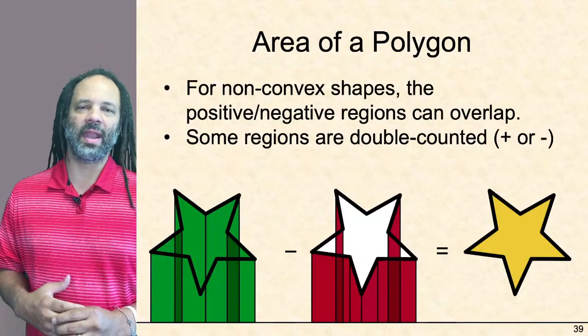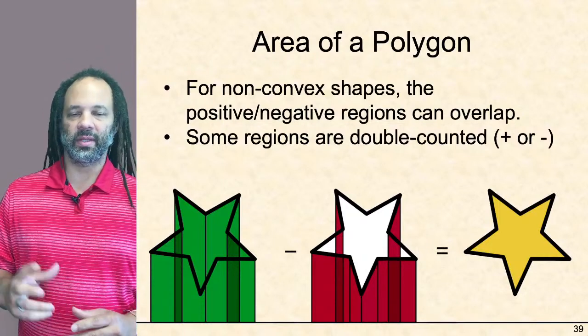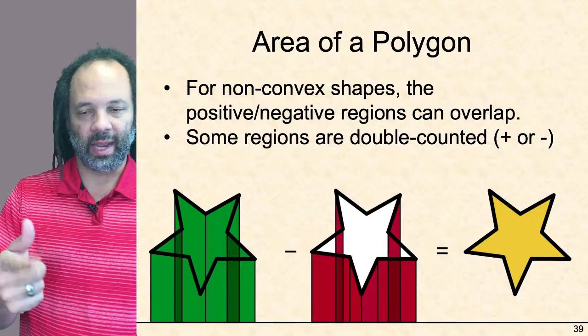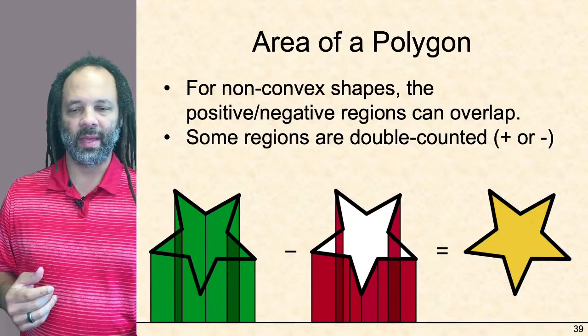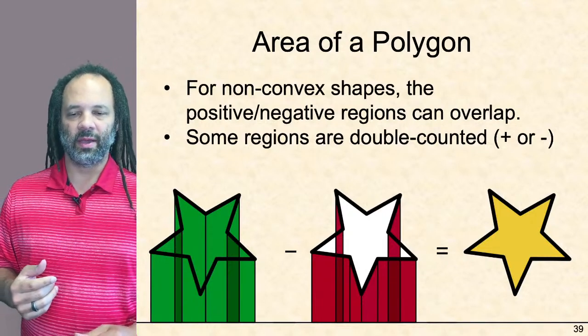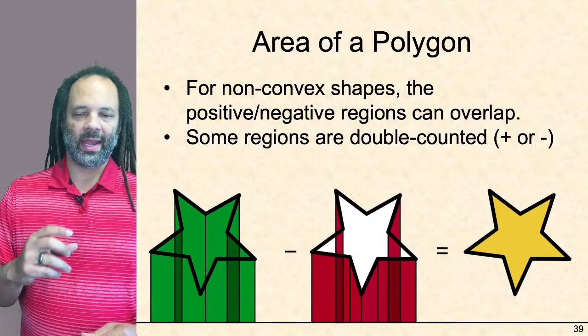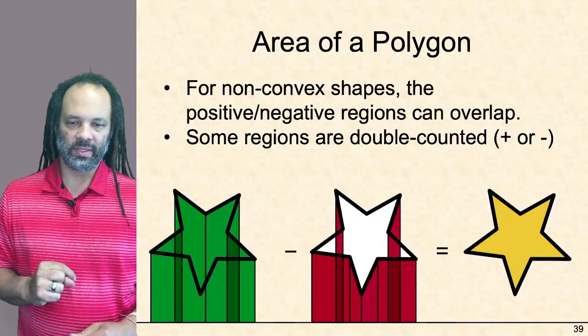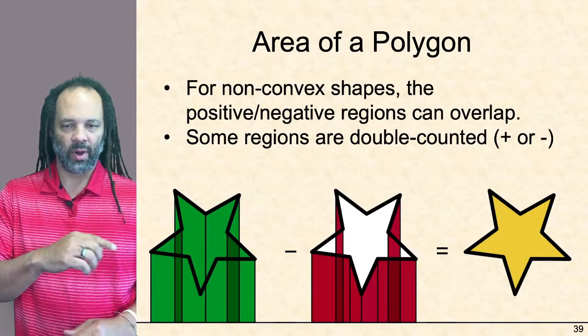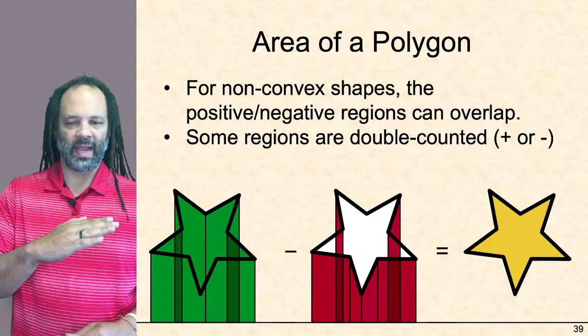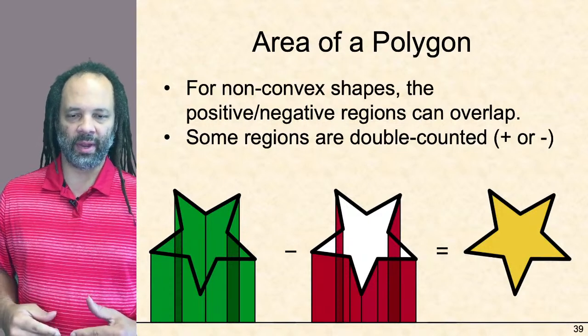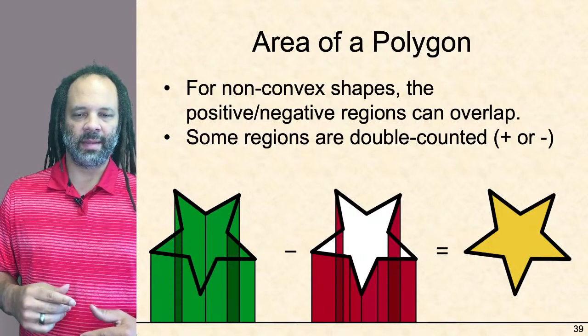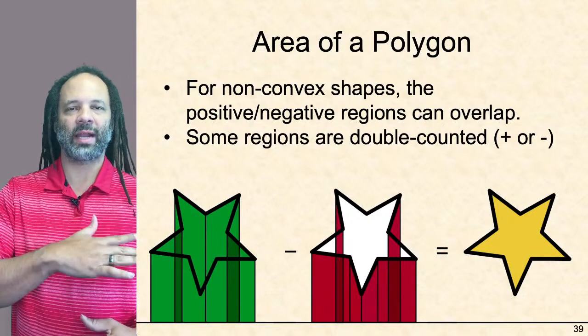You say, what about non-convex shapes? This one gets a little bit more complicated when we look at it, but the math works out the same. As I'm looking at my edges that go forward, some of them get double counted in non-convex shapes. So you can see the dark green areas are where that trapezoid has been added from more than one area, right? The same thing is true for my red ones that can be subtracted from more than one area.